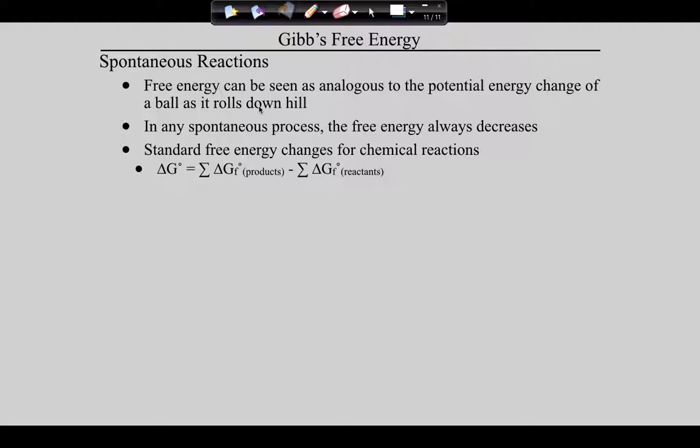They could give you the change in Gibbs free energy of formation for the products and the reactants. Again, the n's are missing, like Emma got us thinking. They don't put the n's in the AP equation sheets, but we understand we need to be multiplying by coefficients to make this math work. And that will allow us to calculate delta G.